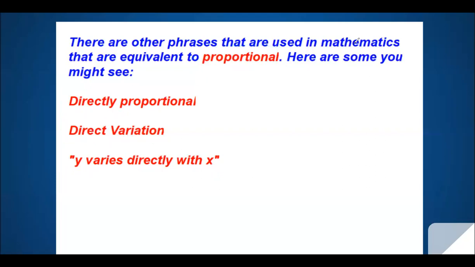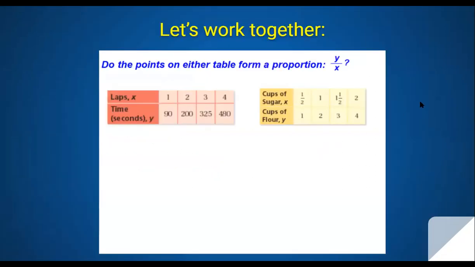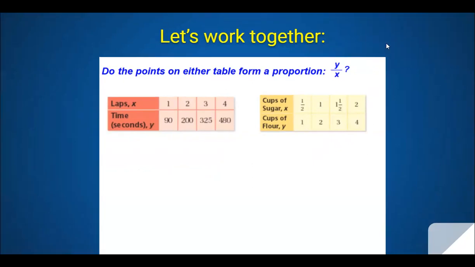All right, giddy up, here we go. So here's an example of some tables right here. We want to know, do the tables have points that form a proportion? So to put it really simply for these, without copying down the tables themselves, what you can do is explore with me exactly what we did in our warm-up. Our warm-up was all about y over x, right? So let's do y over x and see if they're equal to each other.